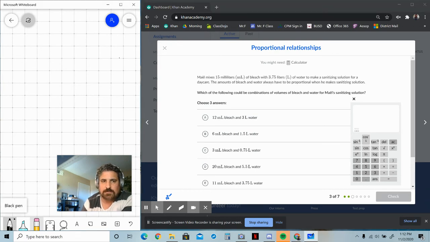So you probably want to think about milliliters of bleach per liter of water, right? So that means you're going to want bleach on top and water on bottom.